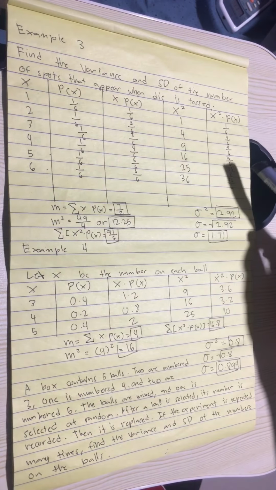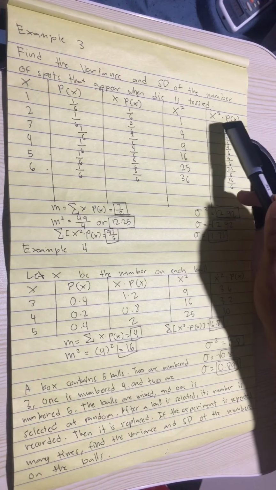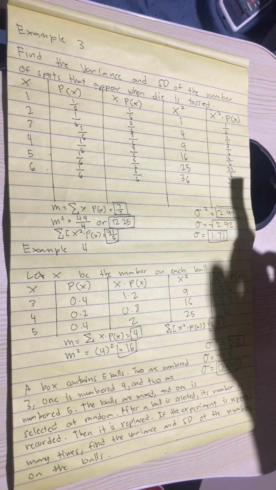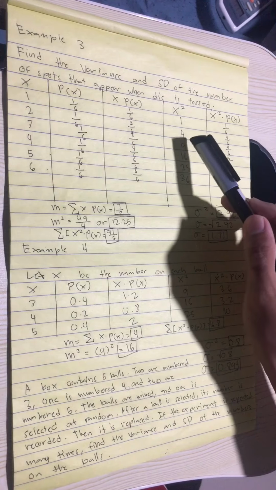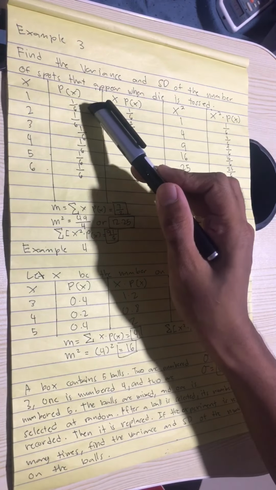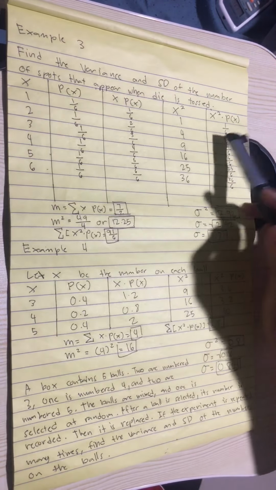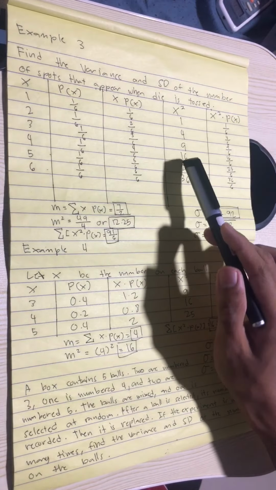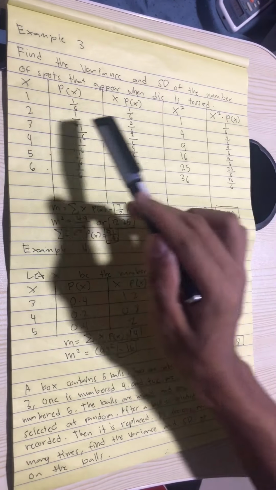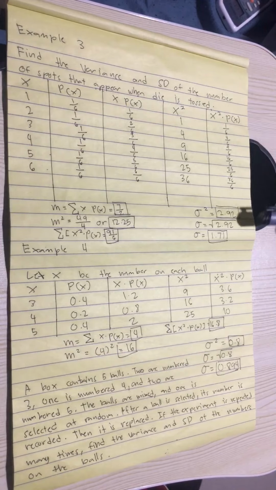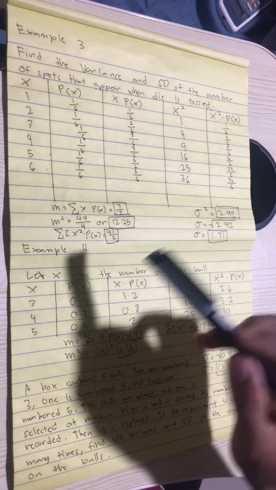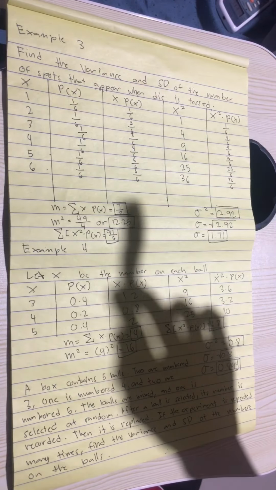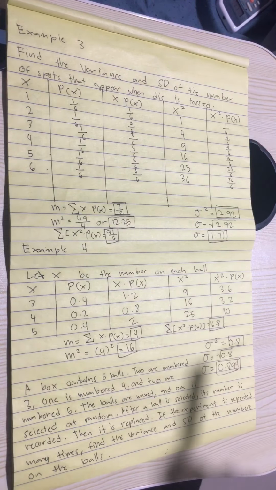So next, x squared times p of x. So x squared, 1 times 1/6 is equals to 1/6. So you need to multiply the column of x squared in the column of p of x. So after solving the last column, you can now get the variance and the standard deviation.